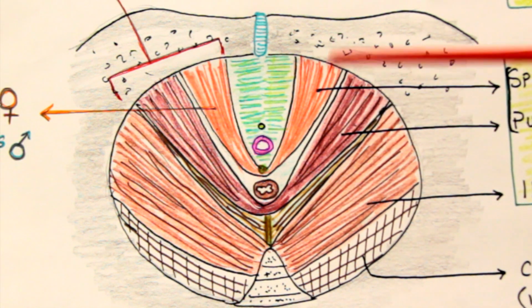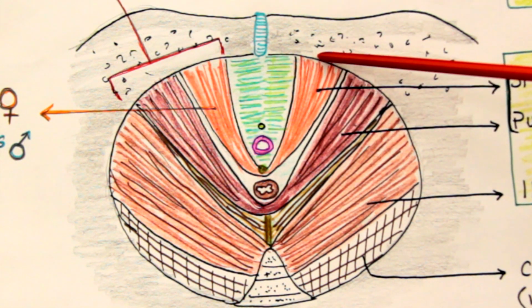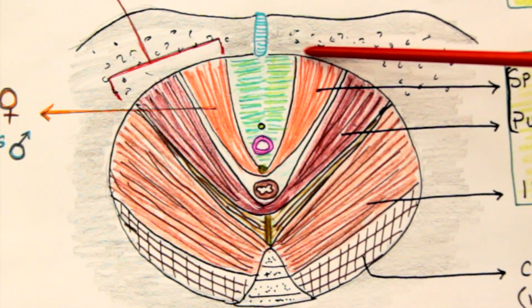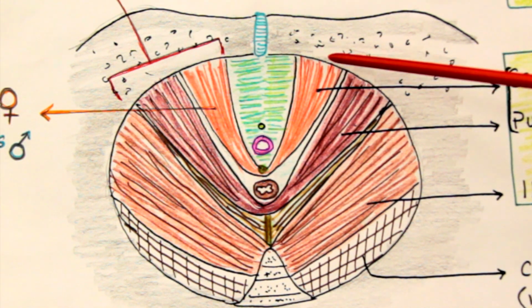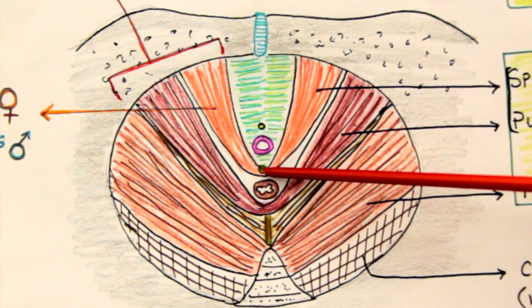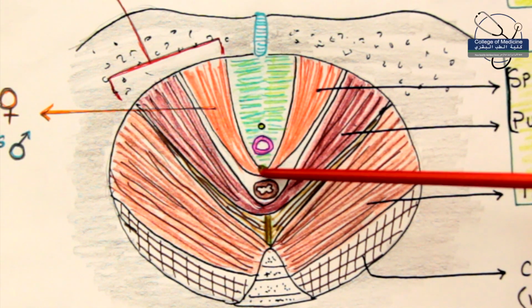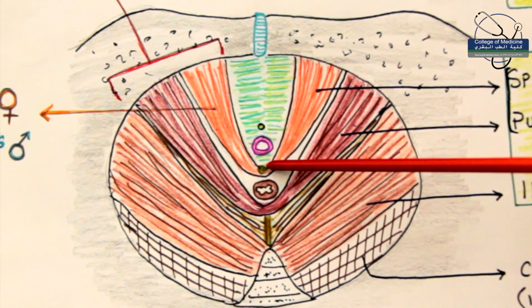Okay, so the anterior one, which is originating from the back of the body of pubis, or the posterior surface of the body of pubis, is a muscle. It's a sling which is inserting in the midline on a fibrous node-like structure which is known as the perineal body.